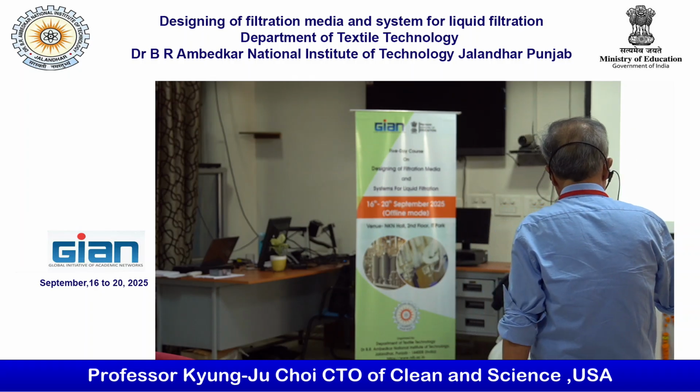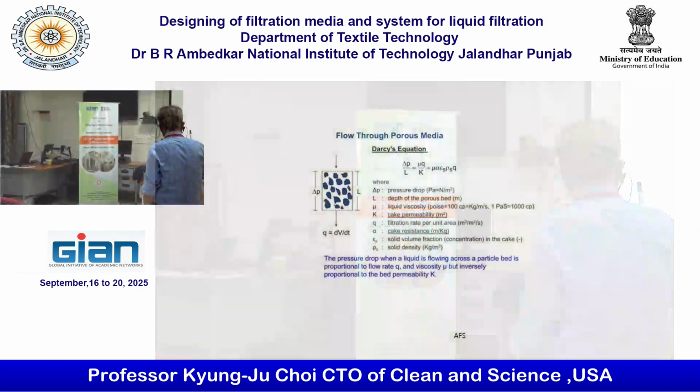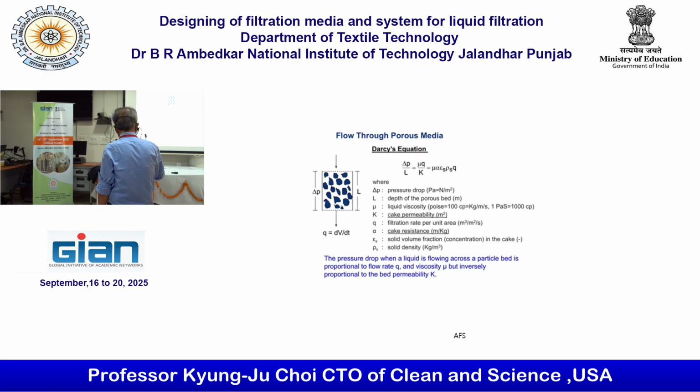So the mu, alpha, epsilon, rho, Q, those are quite important for liquid filtration. The other important thing is the K value, the permeability. In fact, the permeability is not a simple value.